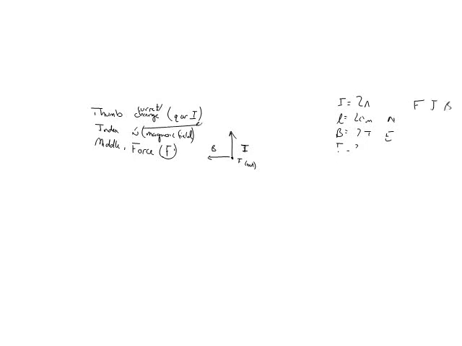I-L-B. Good. Now we have everything. We know what we're looking for, so let's plug that in. F is going to be 2 times 20 times 2. So force is 80. Now it's magnitude and direction. So we found magnitude. We got to use our right-hand rule to find direction. If the length of the wire is north, that means our current is north.